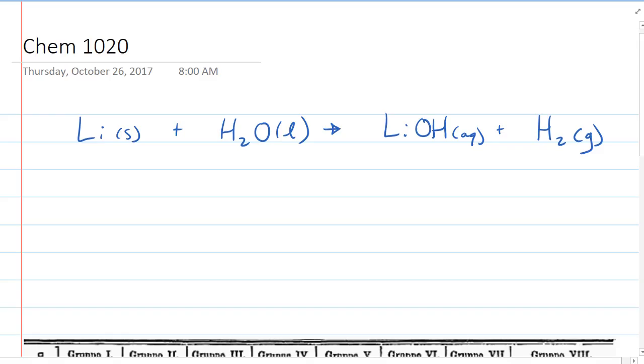What you were supposed to do is to write out an equation for it and then balance it. If we balance it, we'd have a 2, 2, and 2. And this stuff over here, the lithium hydroxide, this is the basic material that causes the solution to turn pink.